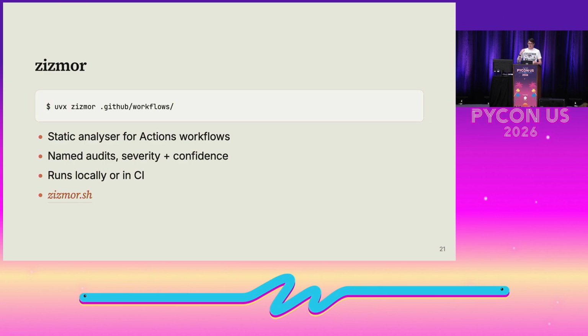It basically acts like a linter for your GitHub Actions, and it can run all kinds of audits and try to find potential problems in the way any particular workflow file is configured, telling you all of the potential foot guns you have. It can run locally, it can run in your CI. It doesn't have to have a network connection either, which is very nice. It means that I can run it aggressively against many, many things.